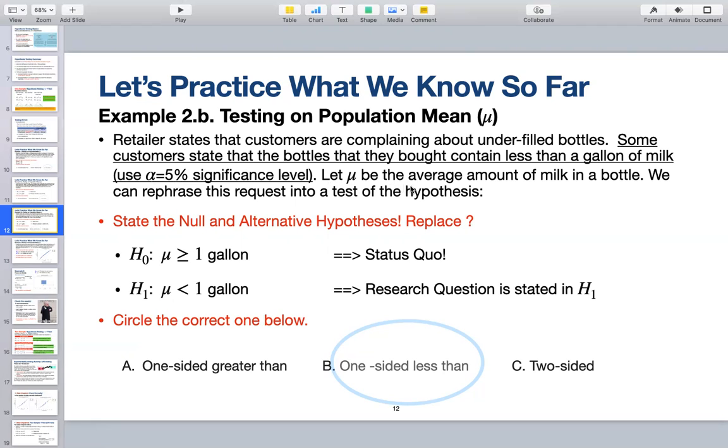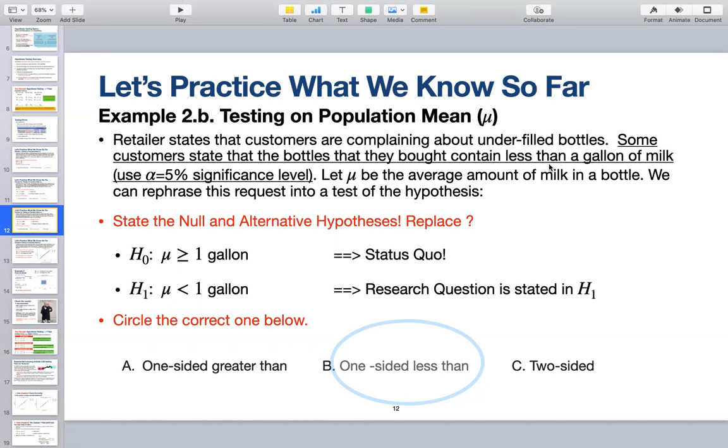Let mu be the average amount of milk in a bottle. How do we go with this? Again, what is our status quo, and what is the alternative that we would like to test? In this case, customers state that the bottles they bought contain less than a gallon of milk. They are challenging our status quo, so we have to represent this in the alternative hypothesis.